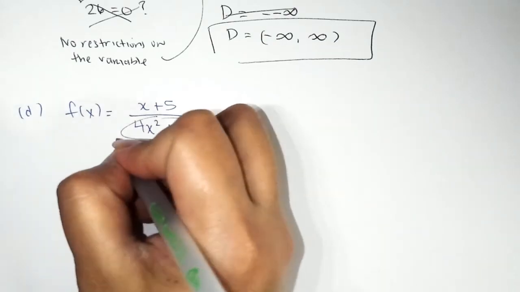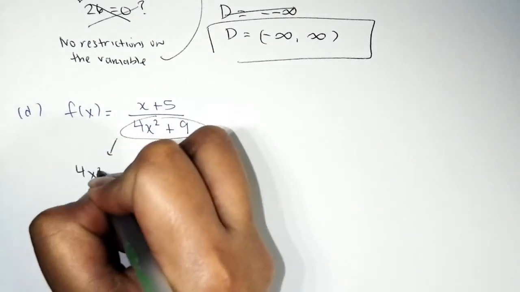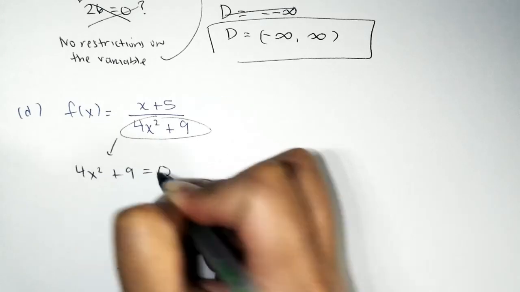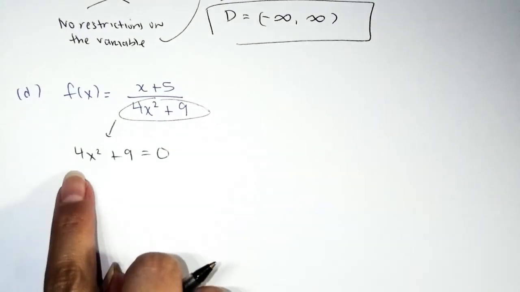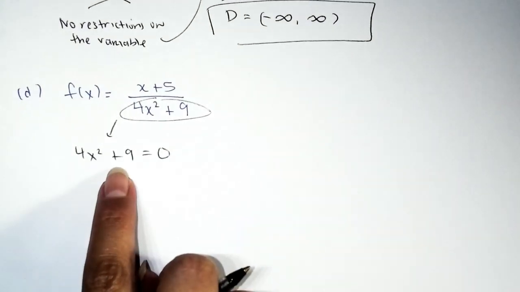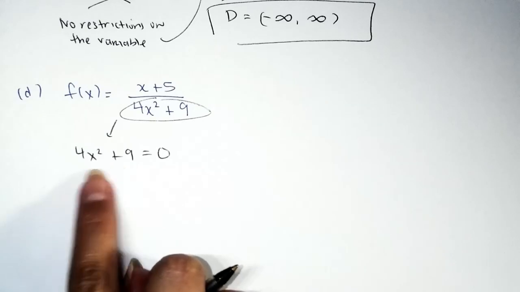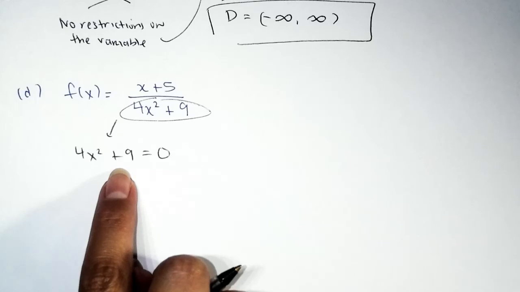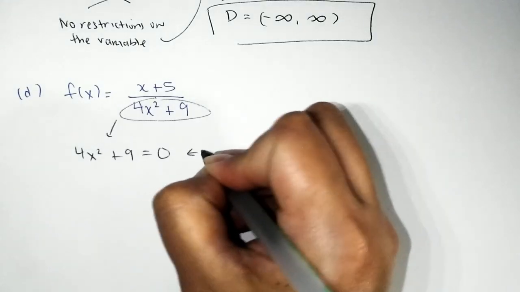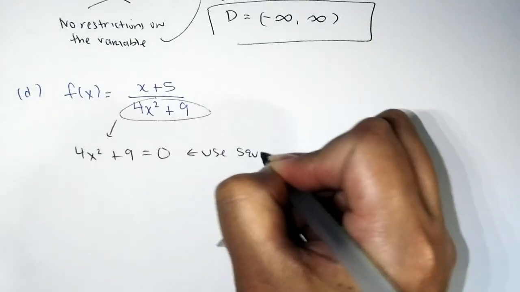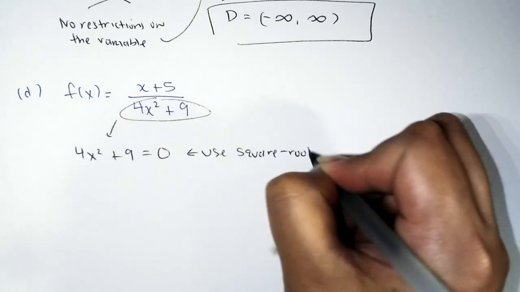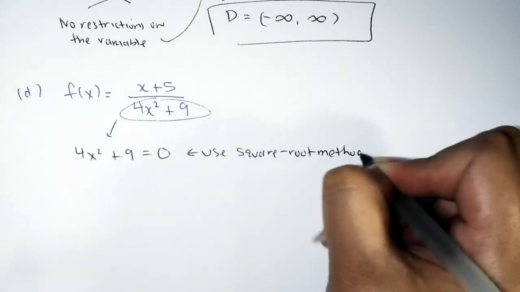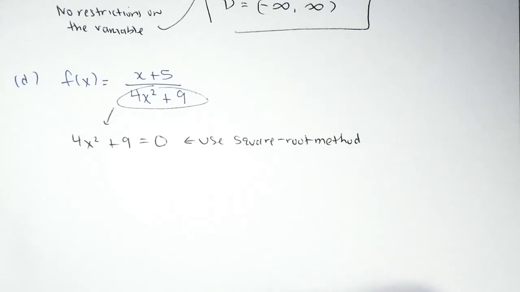So let's take that denominator and set that equal to 0 and then solve for our variable, namely x. It's a binomial plus, so we're going to go straight to sum of cubes. It's not sum of cubes. So in this case, it's not factorable, so we're going to use the square root method to solve the quadratic equation.